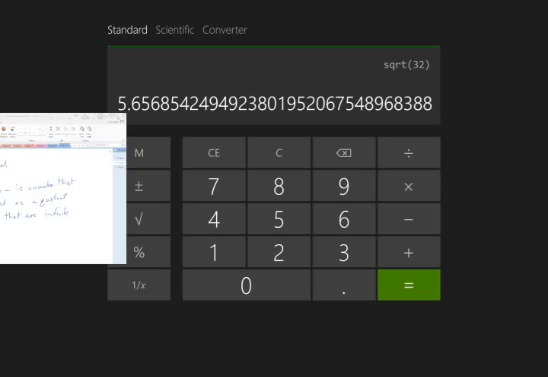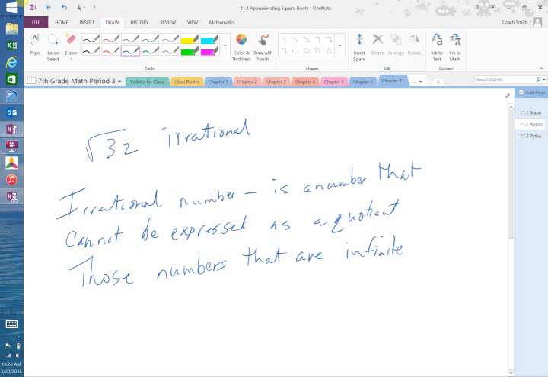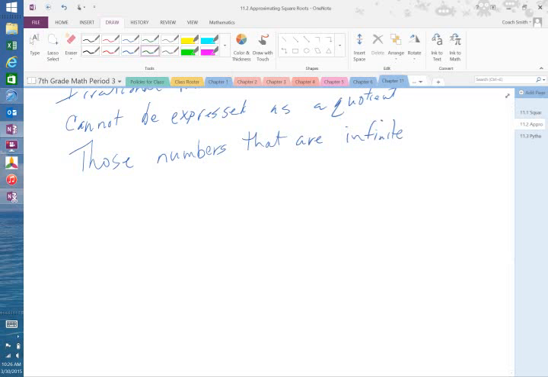Now, how do they show an irrational number in your text? They will show an irrational number in your text like this. Well, the calculator is using logarithms and other things of that nature. It's not saying here is the number. It's saying if I do this, what digit comes up.